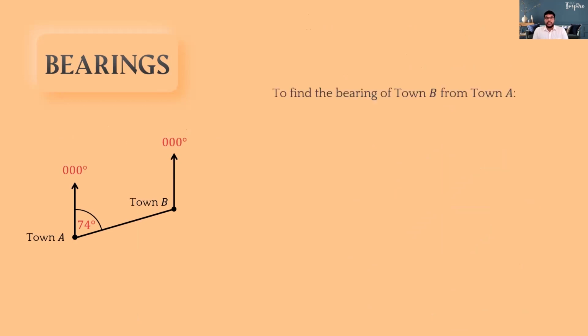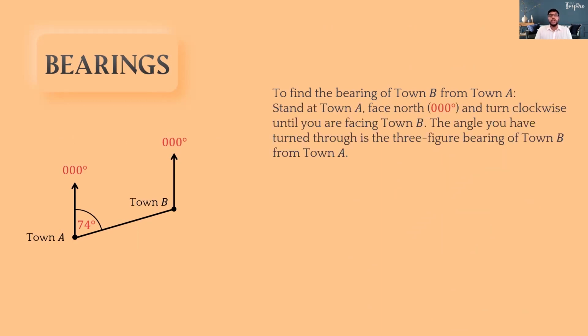So children, to find the bearing of town B from town A, when you talk about bearing, you're always talking about looking at one place from another. So in this case, you are in town A. From town A, you're looking at town B. You stand at town A and you face north. That's the first thing.